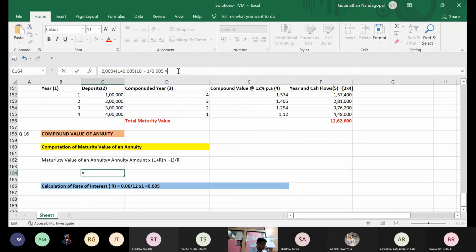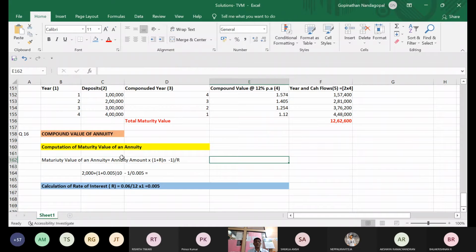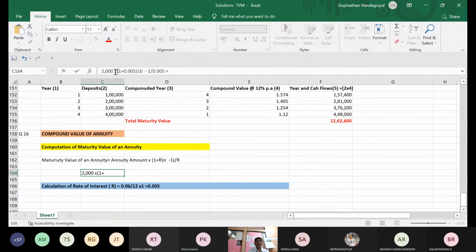Sir, 14,600. No, see, 2,000. Sorry, I'm sorry, this should be into. I just put plus. I'm sorry for the inconvenience. 2,000 into it should be.